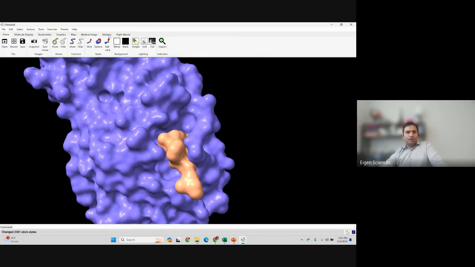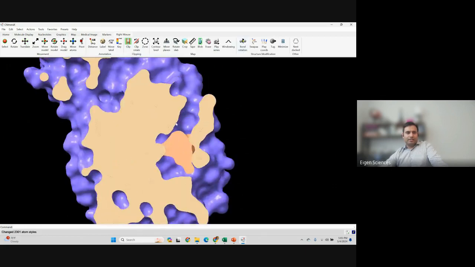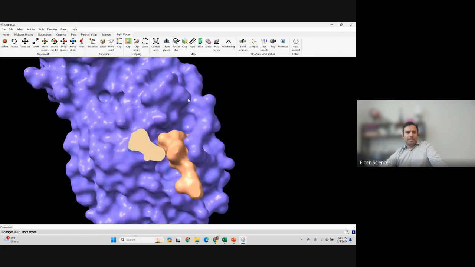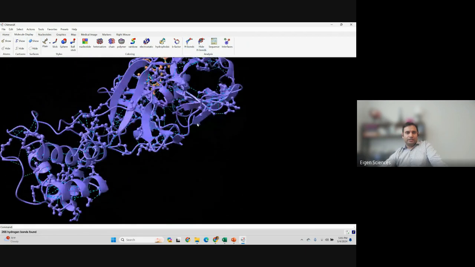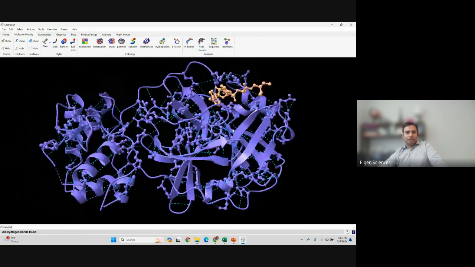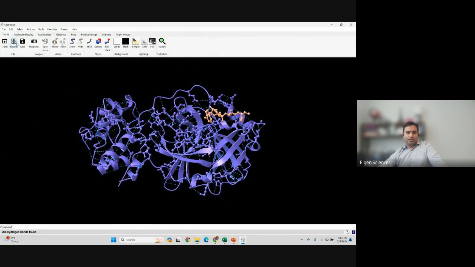You can do a lot of things using this software. You can scan how deep or where it is going, or you can find the hydrogen bond interactions, like this is how they are interacting. This is also very crucial in the drug discovery process.